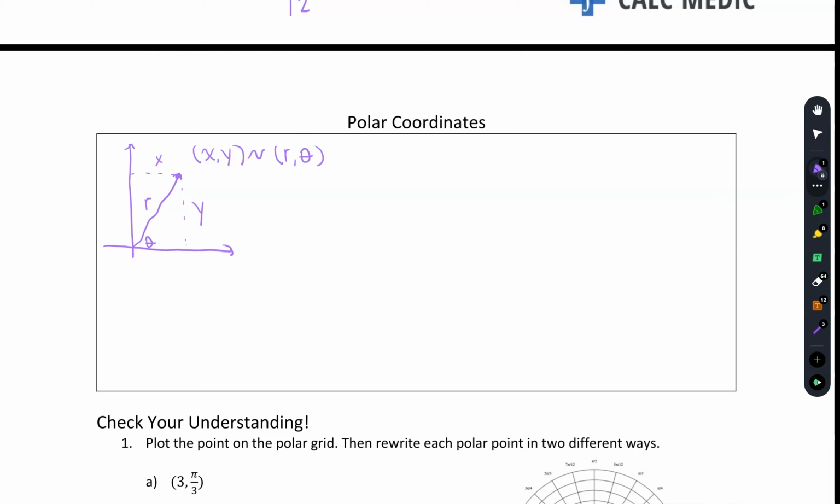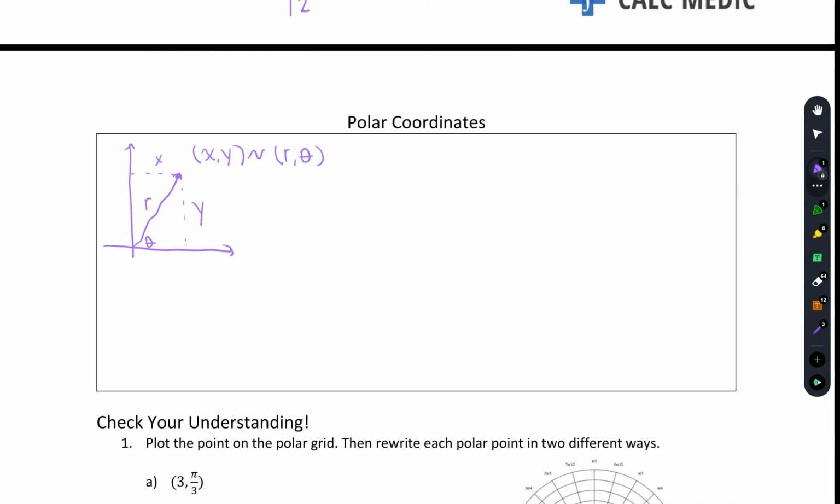Okay. So if I want to write it in different ways, I can add 2 pi to that. So that will be 3, and then 2 pi plus pi over 3, so that's 7 pi over 3. We can write it as a negative angle, so we can subtract 2 pi.